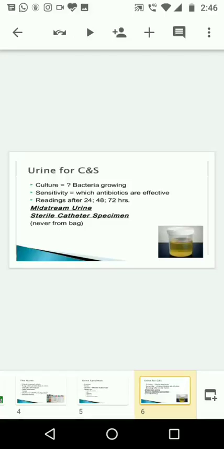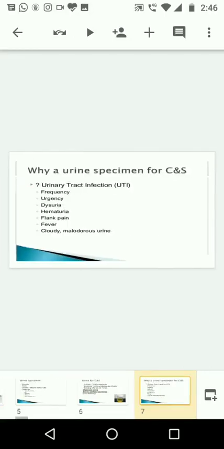For culture and sensitivity, take a midstream sample or a sterile catheter specimen. Why should you take a culture and sensitivity sample? In what cases should you take it?